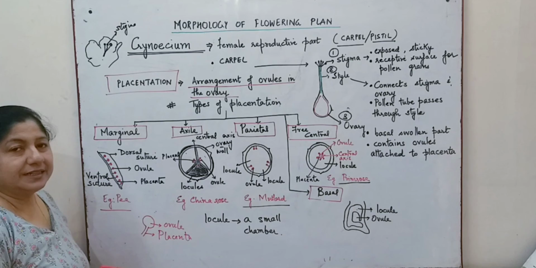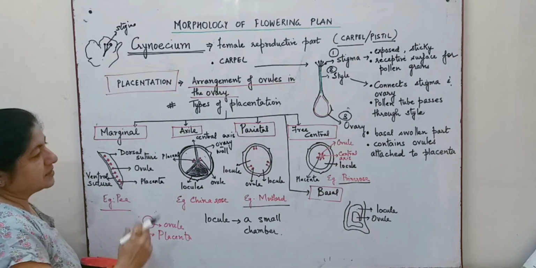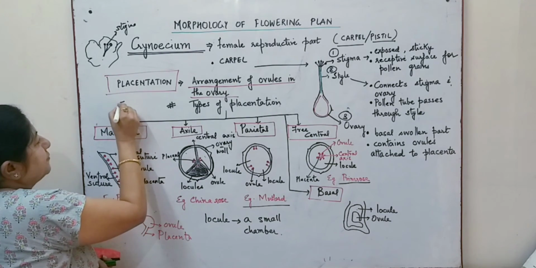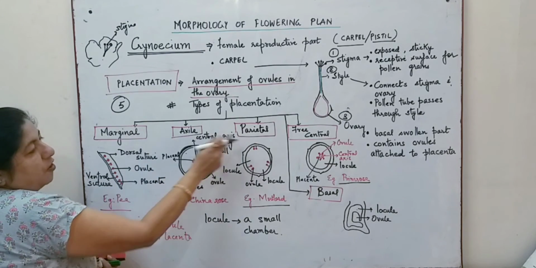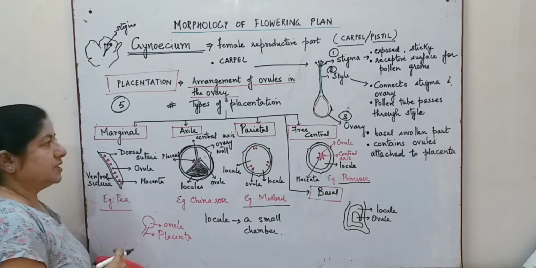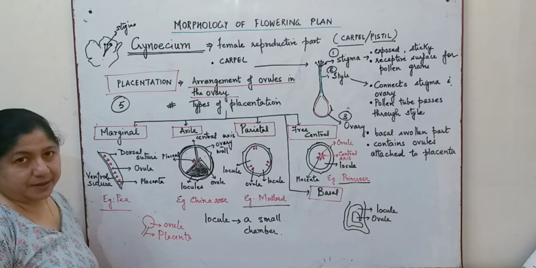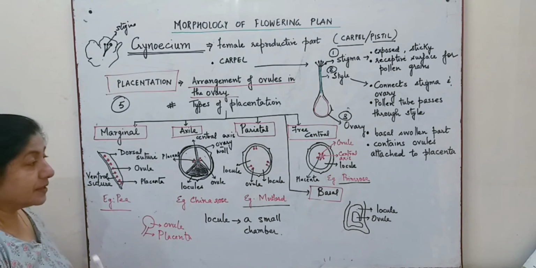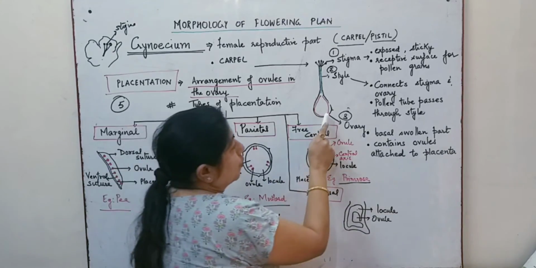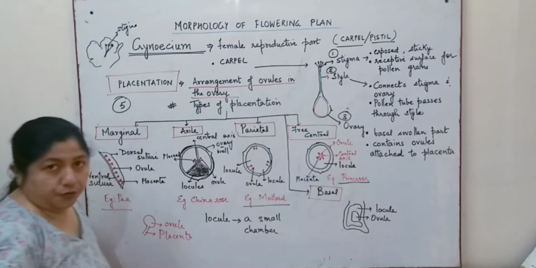So we find basically 5 different types of placentation, that is the marginal, axial, parietal, free central and the basal type, that help in the attachment of the ovules to the ovary.